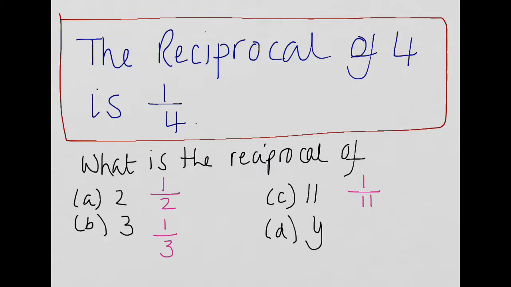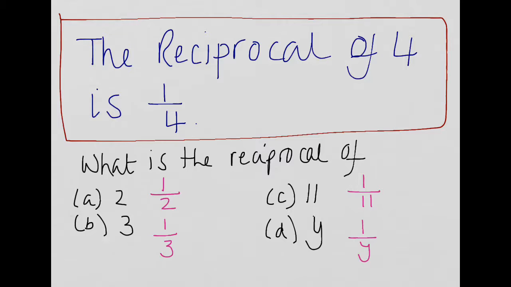And the reciprocal of y is 1 out of y, or 1 over y. There we go. You've just done the reciprocal. So it's making the 4, which is a denominator, a numerator, because it's 4 over 1, 4 out of 1 usually, is now 1 over 4. So we've kind of swapped our numerator and our denominator round.